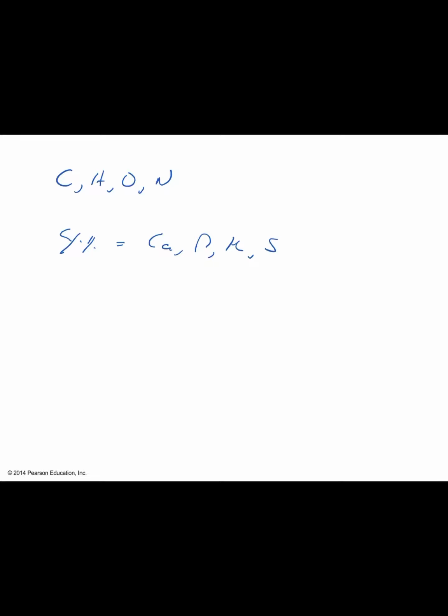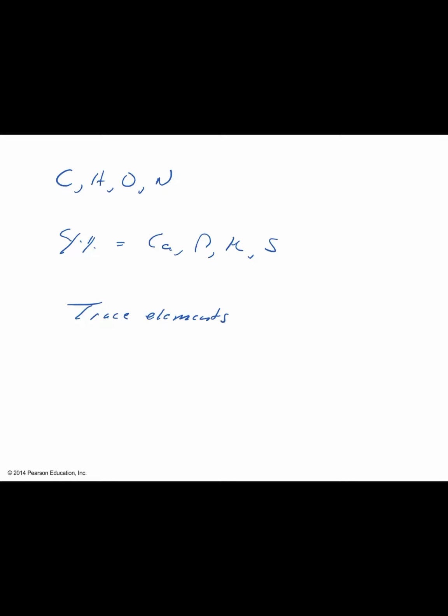So calcium, potassium, phosphorus, and sulfur make up most of the remaining 4%. But then we have a very small amount left over not accounted for by these elements, and those are called the trace elements.